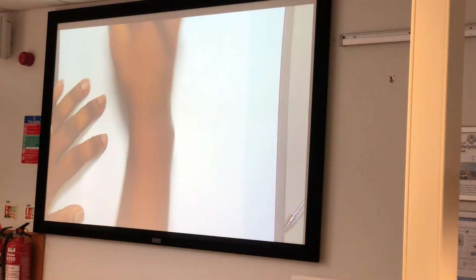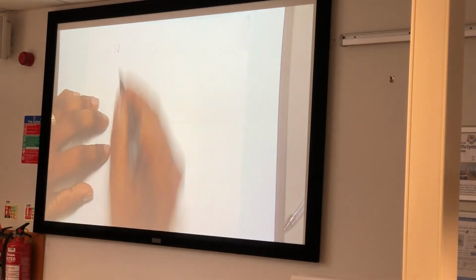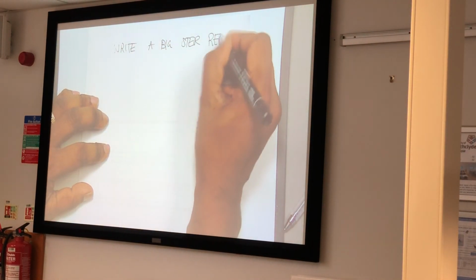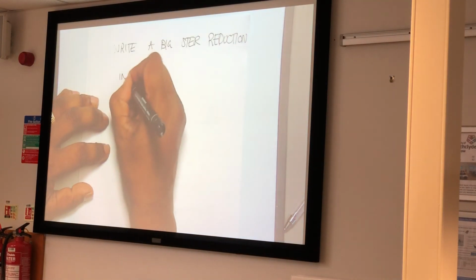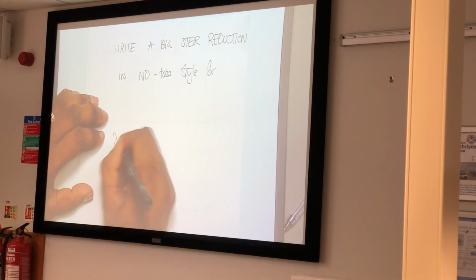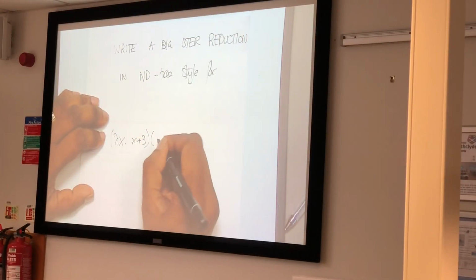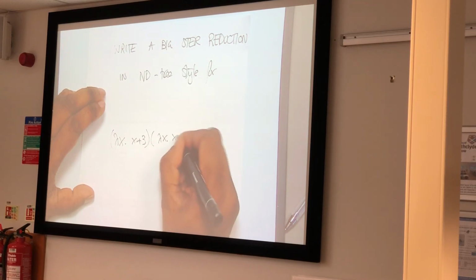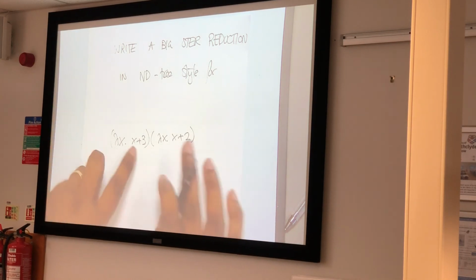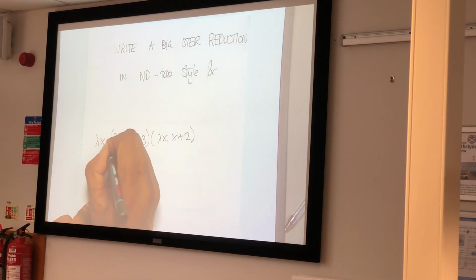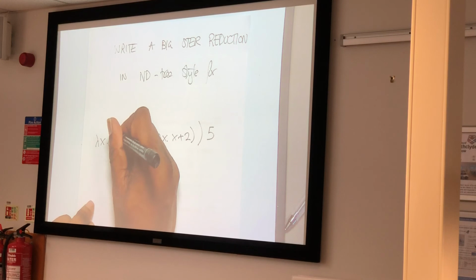Okay, now I said I'd give you something to do, so let me do that. So here's your homework for the next lecture. Write a big step reduction in natural deduction tree style for lambda x dot x plus 3 applied to, okay, there you go.